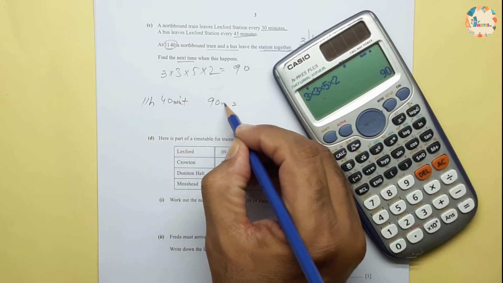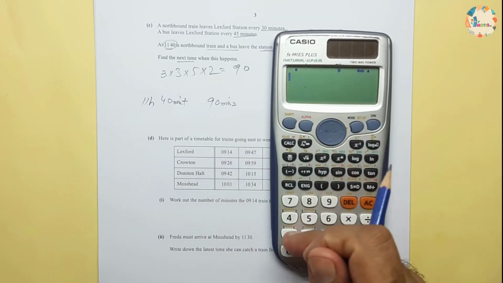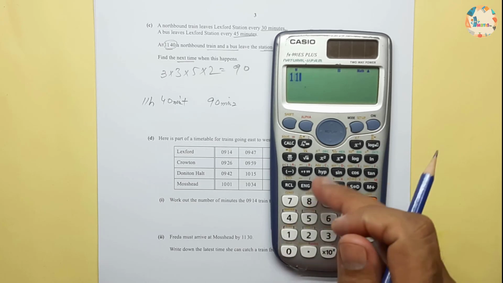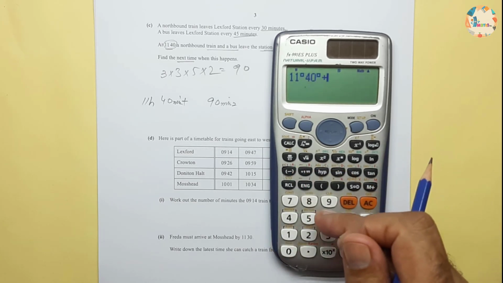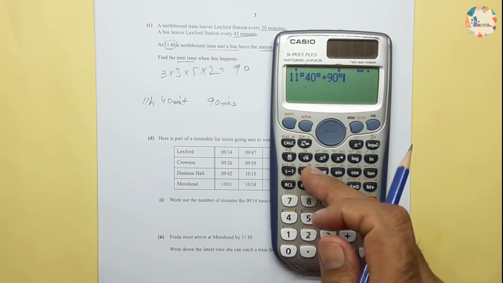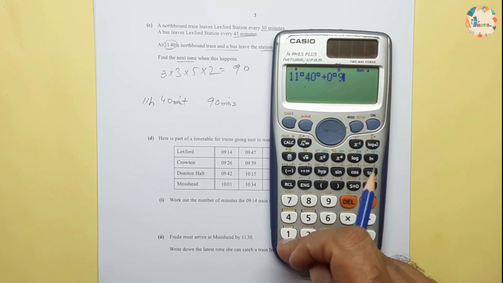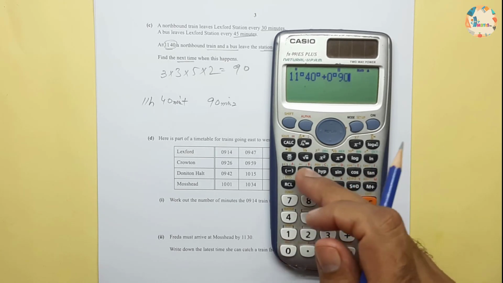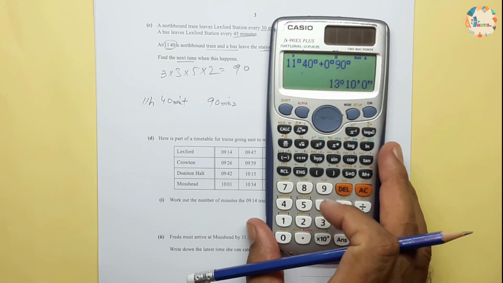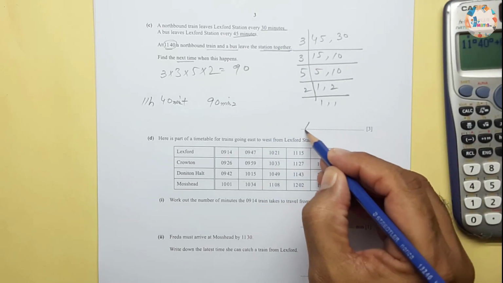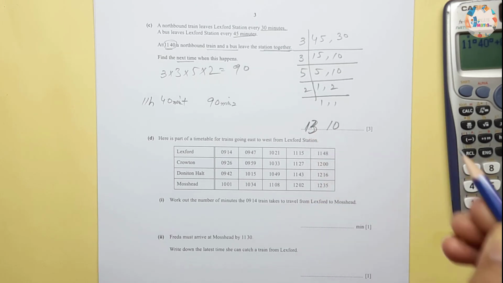So if we calculate, 11 hours and 40 minutes plus, sorry, we have to take 1 hour and 30 minutes, 90 minutes, this will be equal to 13 hours and 10 minutes. So our answer will be 13:10. This will be our answer.